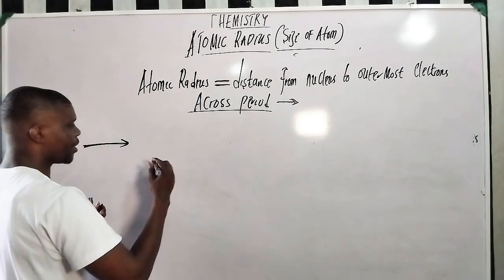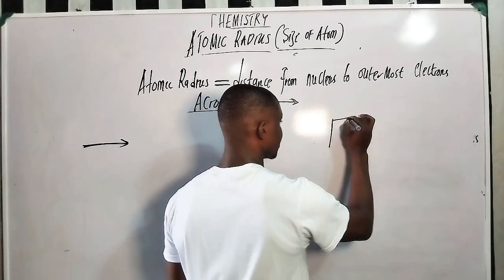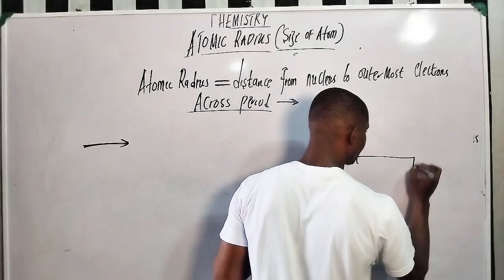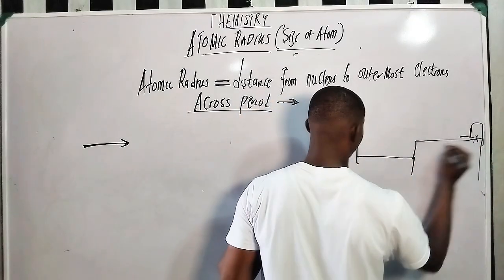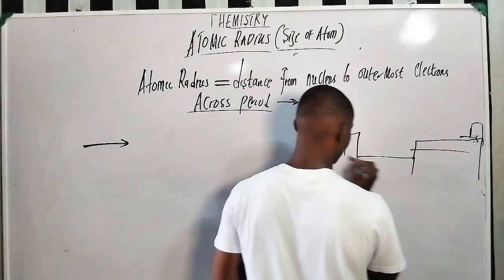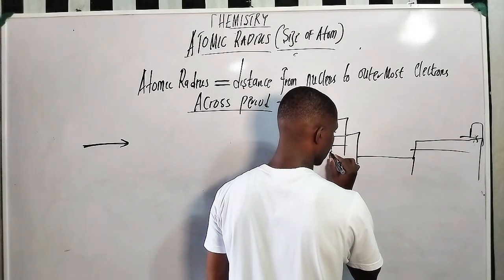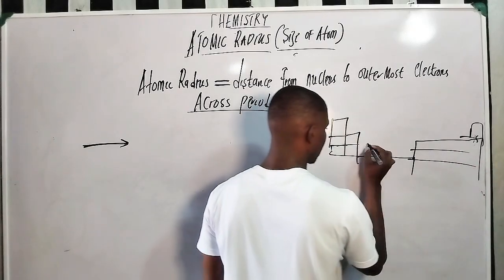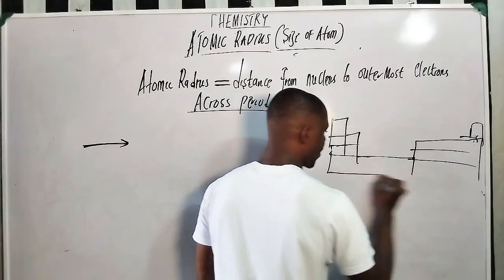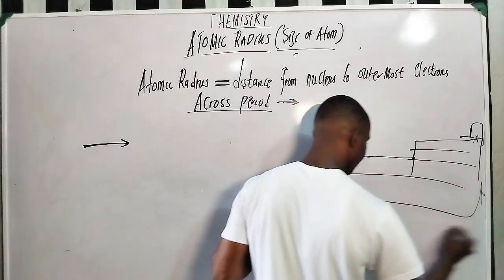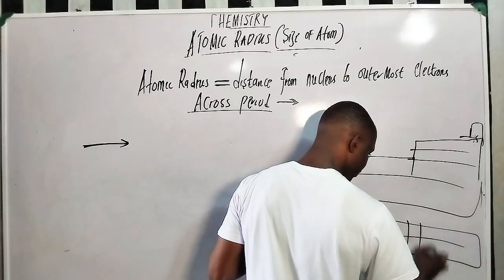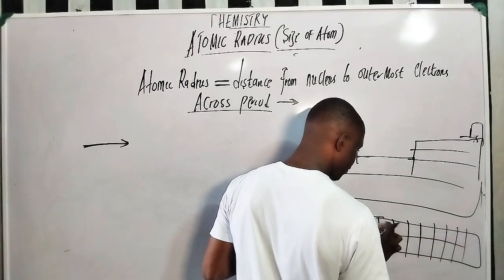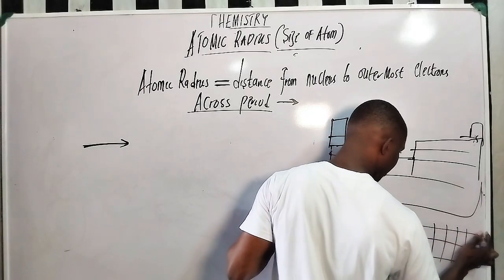Now remember, let me just draw the periodic table. This is the periodic table. For those of you who have watched my video, you already have knowledge of the periodic table, right? This is just a rough sketch of the periodic table.